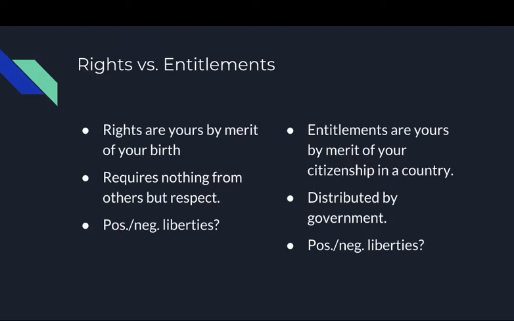All right, so rights and entitlements. Rights are yours just because you were born. It requires nothing from other people except respect. People just have to respect that you have these rights, right?